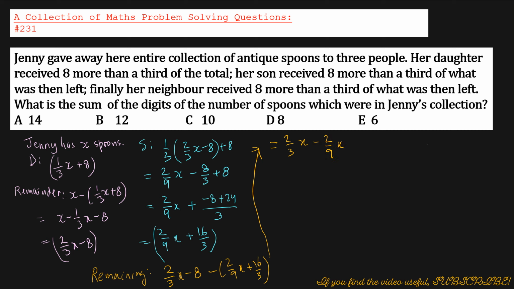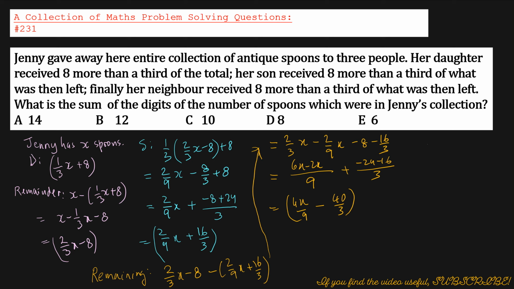Keeping the X terms together, that equals 2/3 X minus 2/9 X, and then minus 8 and minus 16/3. That equals (6X minus 2X)/9, and minus (24 plus 16)/3... which is 4X/9 minus 40/3. So this is what you would have remaining.